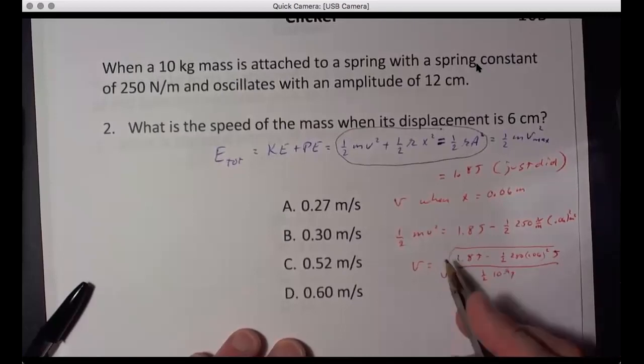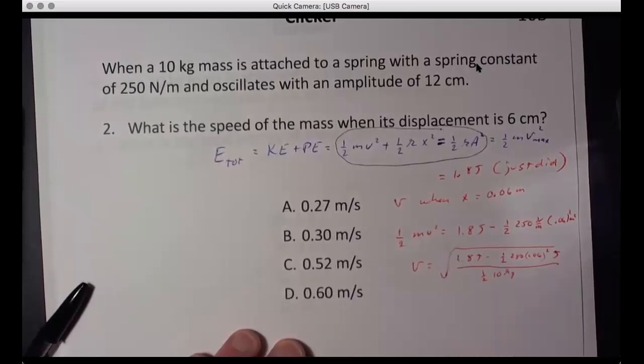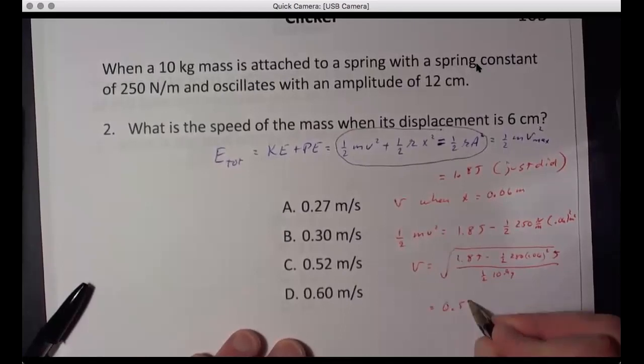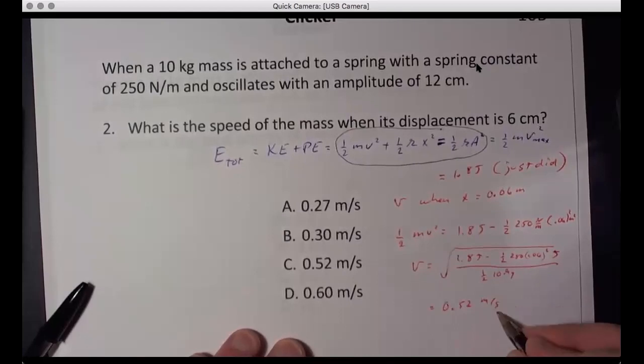That's the half m. Take the square root, chunk in what you've got. This is equal to 0.52 meters per second, which happens to be that one.